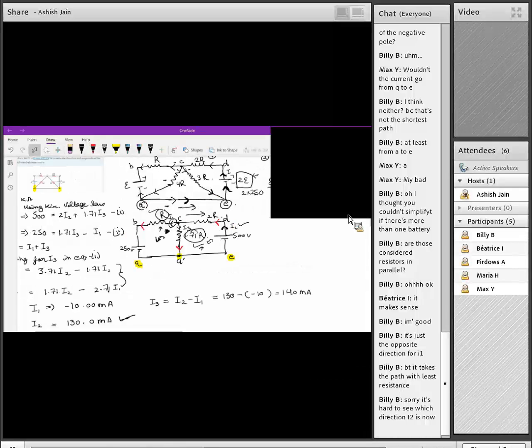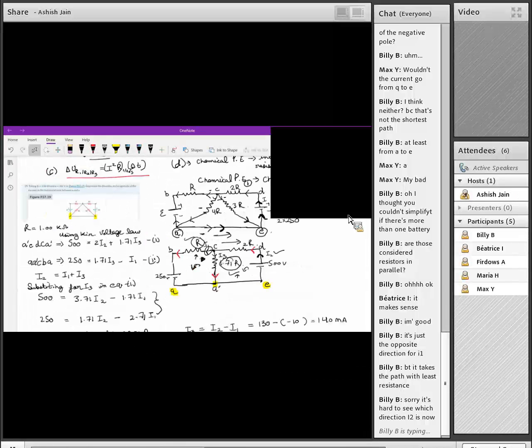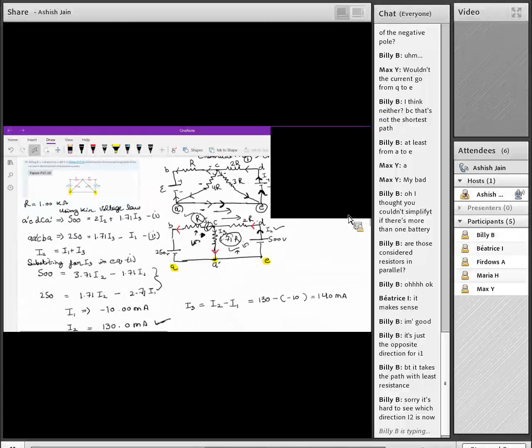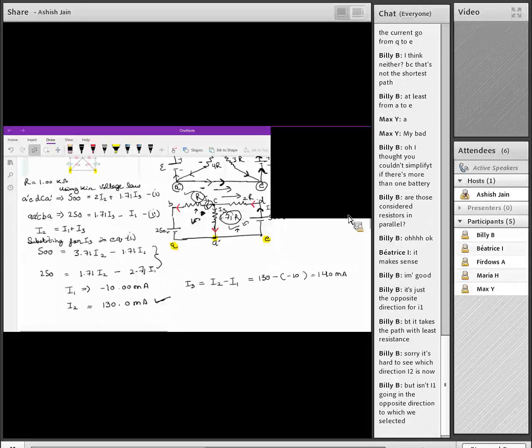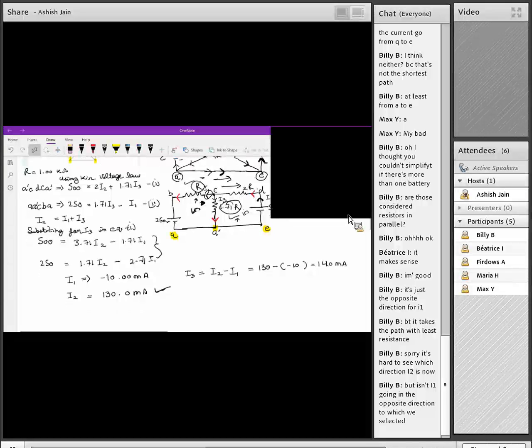Okay, so we had to determine the direction and the magnitude of the current in the horizontal wire between A and B, C and E. So what is the potential drop between point C and A? Okay, let me draw it.